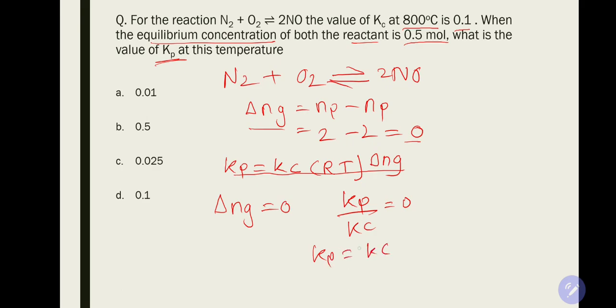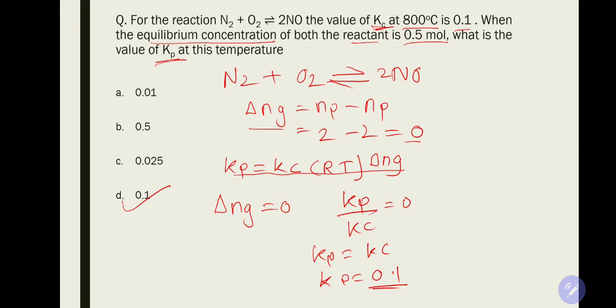What is the value of Kc given? Kc is 0.1. So can I say Kp is also equal to 0.1? Understood? Was it simple? So instead of going by a long procedure, this was the short procedure I have given to you.